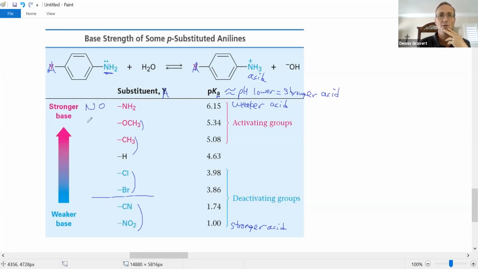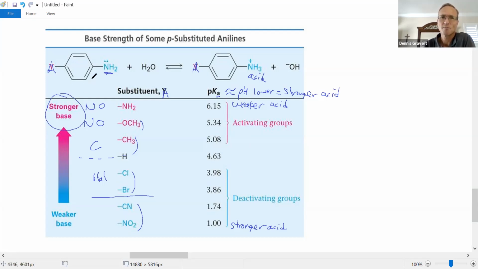We got the carbons, and there's our zero point, halides, and then everything else a meta-director. Amines and alcohols are the strongest activating groups. Amides and ethers are strong activating groups. Carbon, activating. Halides, weakly deactivating. Meta-directors, much more deactivating. And it's following the base strength, or the acid strength, right?